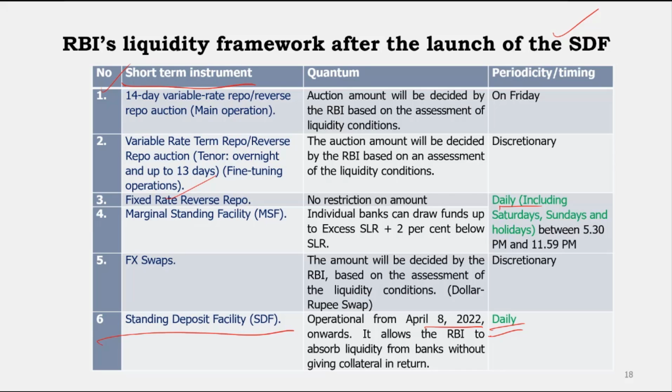But we saw that in future the standing deposit facility will dominate as a daily liquidity absorption facility with the fixed rate repo, because here is a higher rate of interest compared to the interest you can get from the fixed rate reverse repo operations.